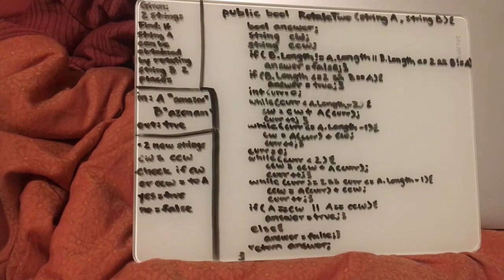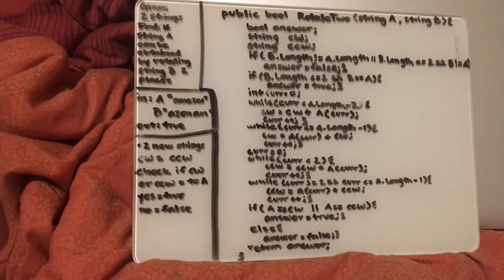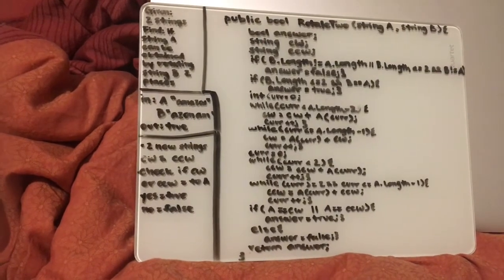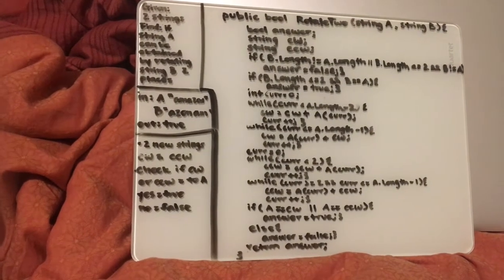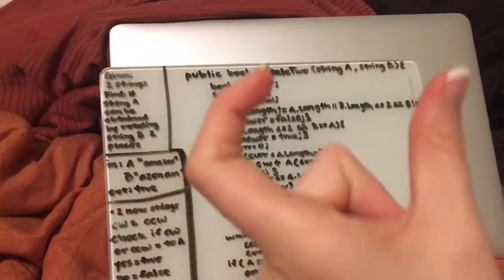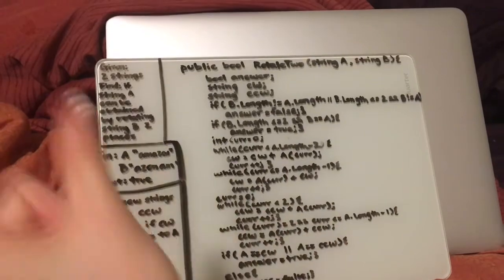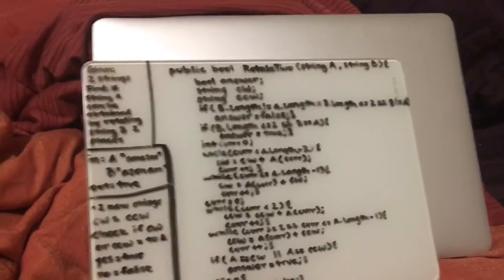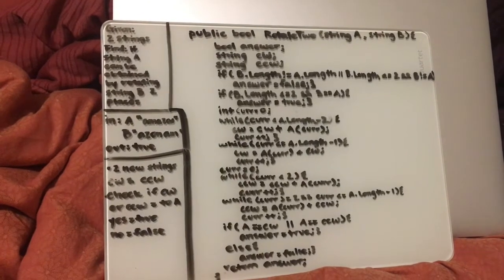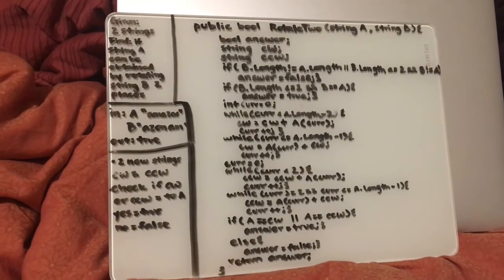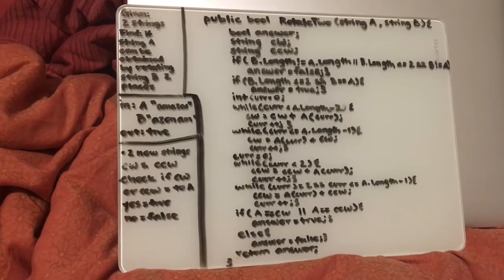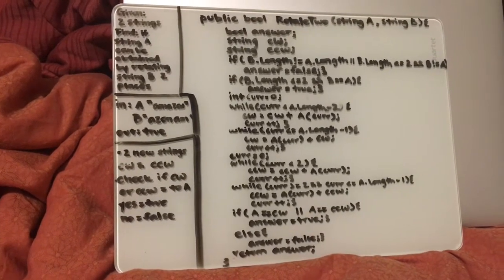If B dot length is less than or equal to 2 and the strings are the same, like BA, BA, then if you move the BA this way or this way, it's going to stay BA, and so that's true. Otherwise, we'll keep going. So I created an integer called current, which I set equal to 0.